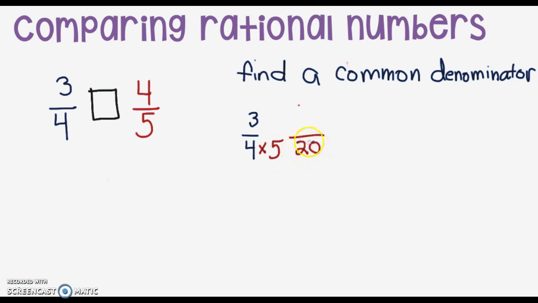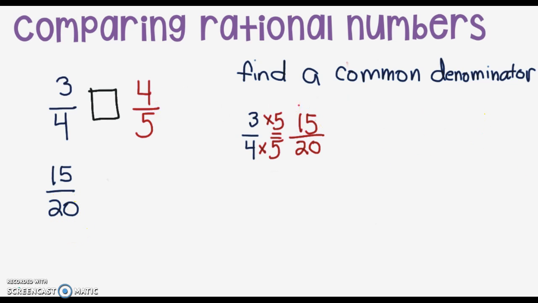Now whatever I do to the denominator, I have to do to the numerator too to keep equivalent fractions. 3 times 5 is 15. So what we have right here is 3/4 is equivalent to 15/20.